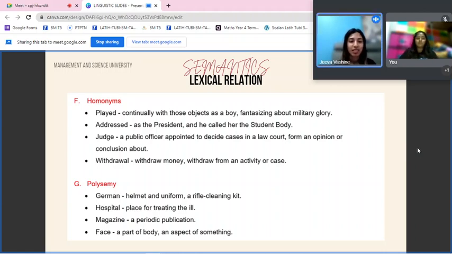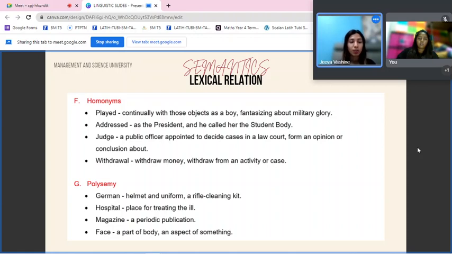So next is homonyms. Homonyms are words that spell the same, sound the same but have different meanings. So from the article we have played continually with those objects as a boy, fantasizing about military glory. Next is address as the president and he called her the student body.